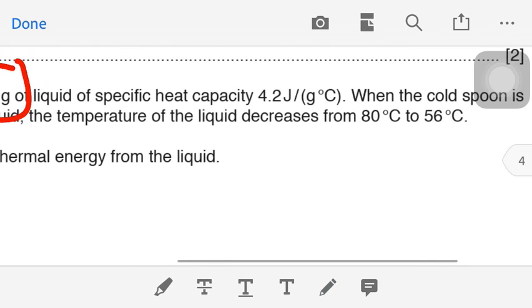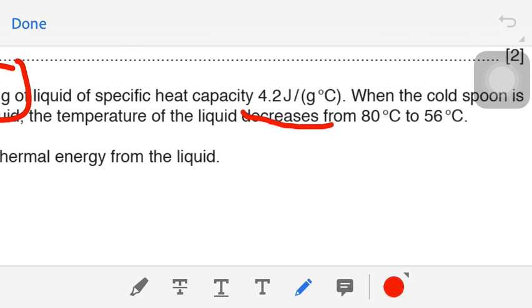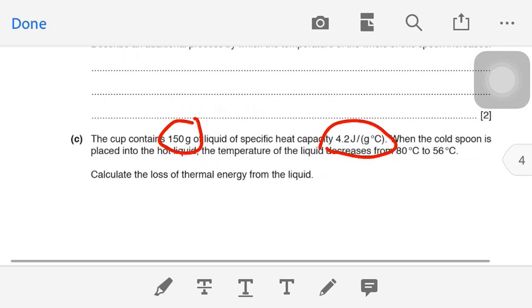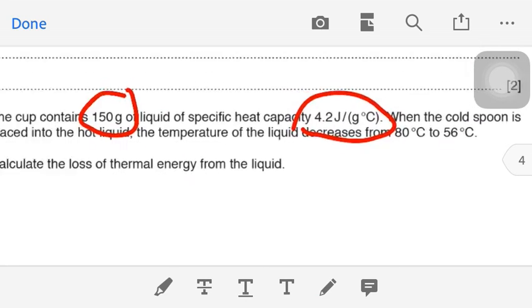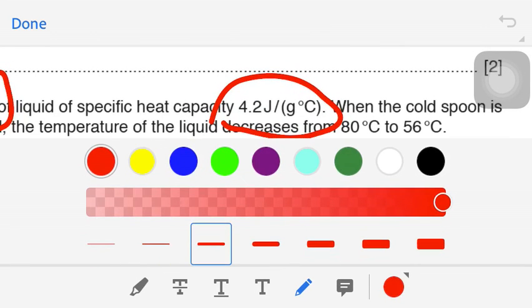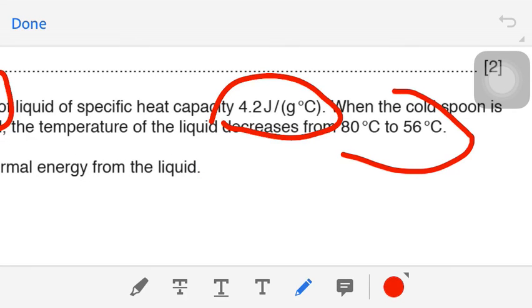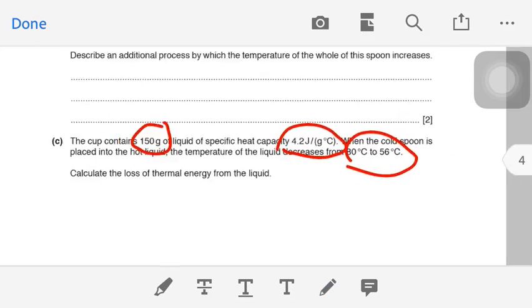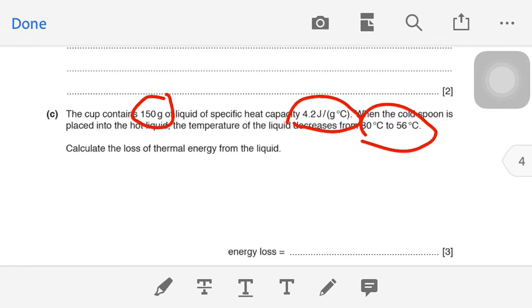The liquid of specific heat capacity 4.2 joules per gram. Be careful about the units as well. It's not joules per kilogram per degree Celsius here, it's joules per gram per degree Celsius. And the other data that is given is this temperature difference from 80 to 56.